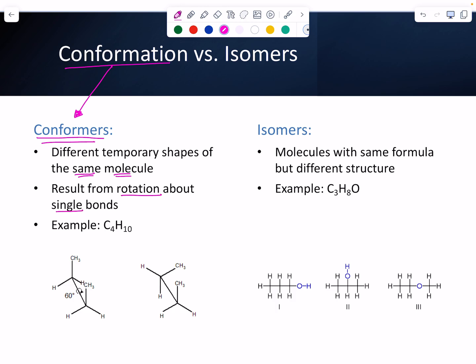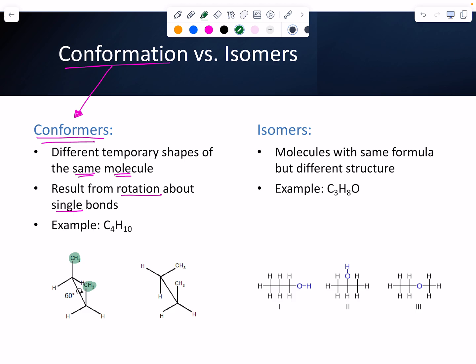If we look at the bottom left side of the screen, we have two molecules here, and they've got two carbons. Like in the previous example, we have two carbons attached by a bond, and each carbon has three things attached to it, two of which are hydrogens, and one of which is what we call a methyl group, a CH3 group. This is the thing that's different that's going to allow us to see whether the molecule has changed.